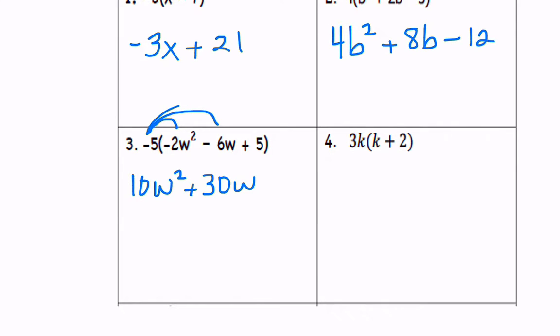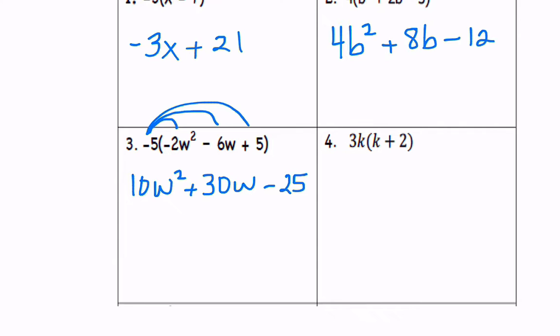Finally, -5 times positive 5 gives me -25. That's as far as I can go because I see w squareds, w's, and constants, the regular numbers. None of those are alike, so I can't combine them. I have to stop.